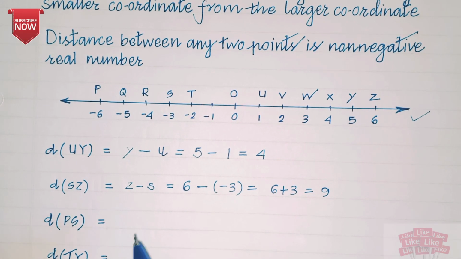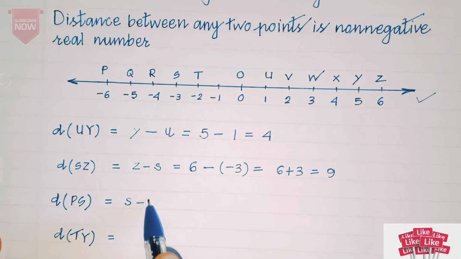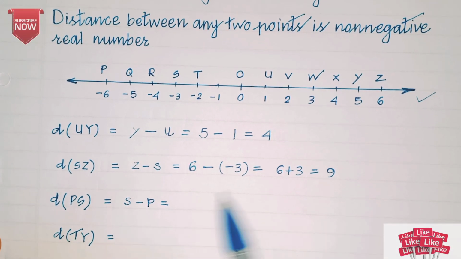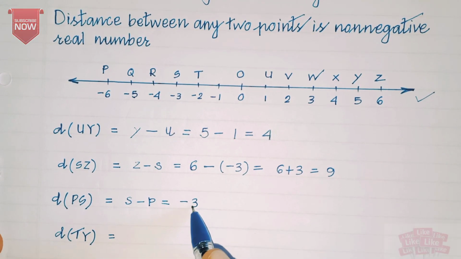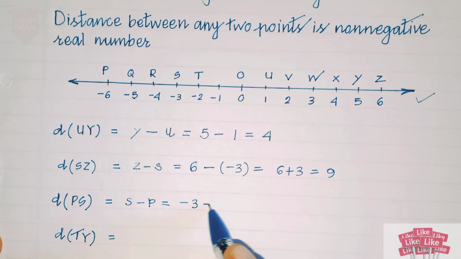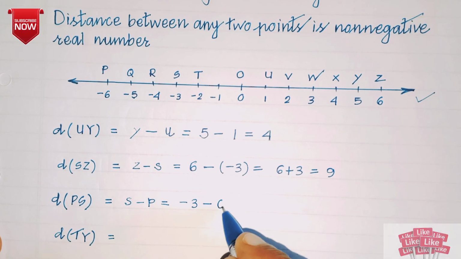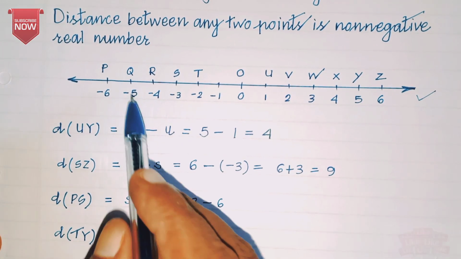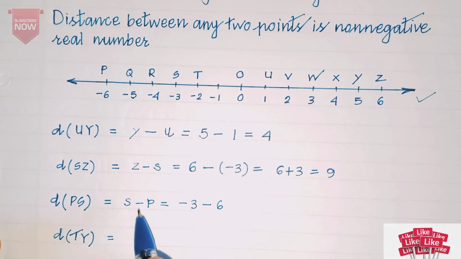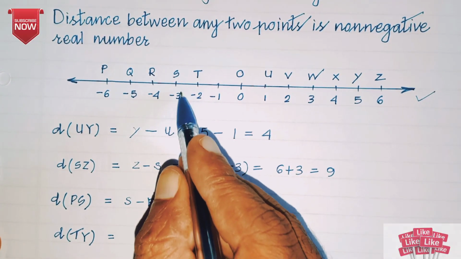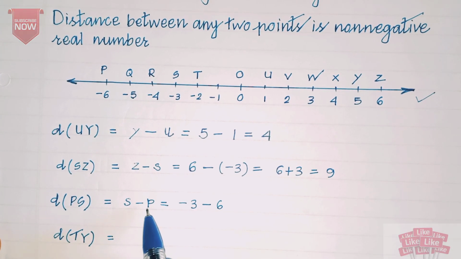Now distance PS again. S minus P. What is the coordinate of S? It is minus 3. What is the coordinate of P? See here, where is P? It is minus 6. P is the point whose distance we have to calculate. So minus 3 minus, what is the coordinate of P?